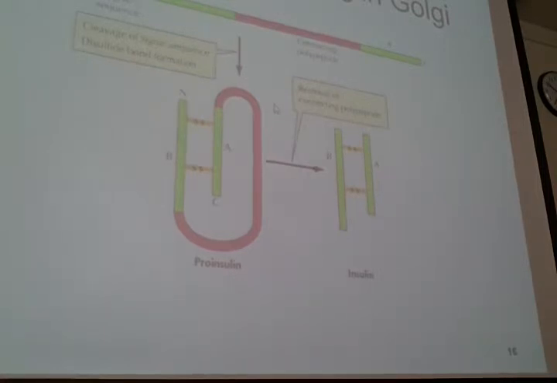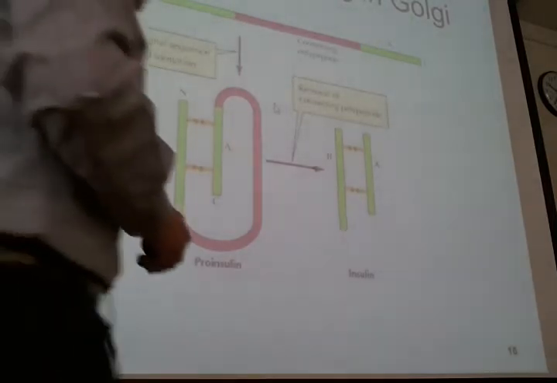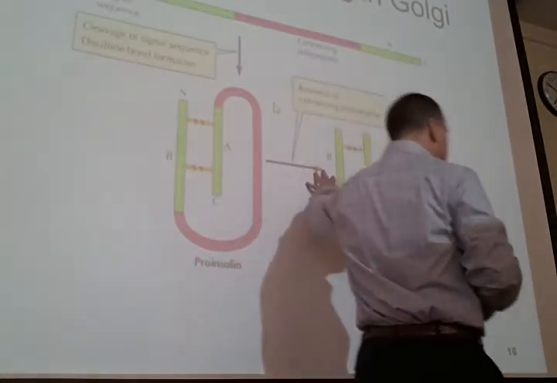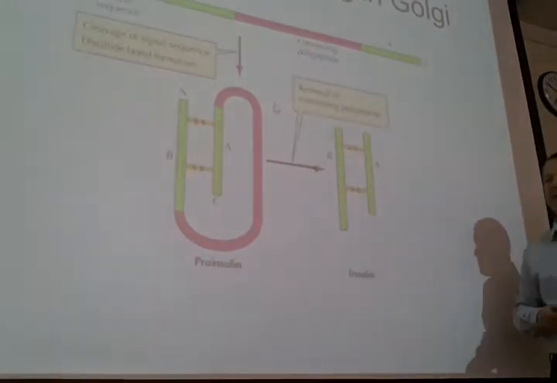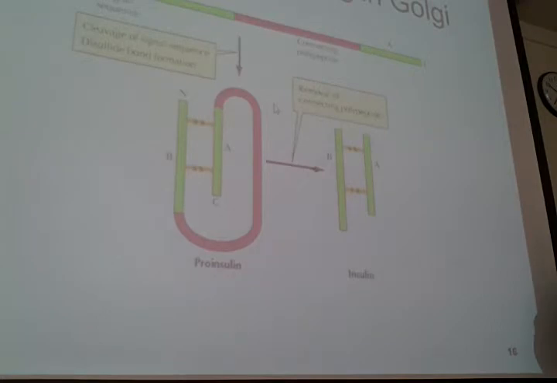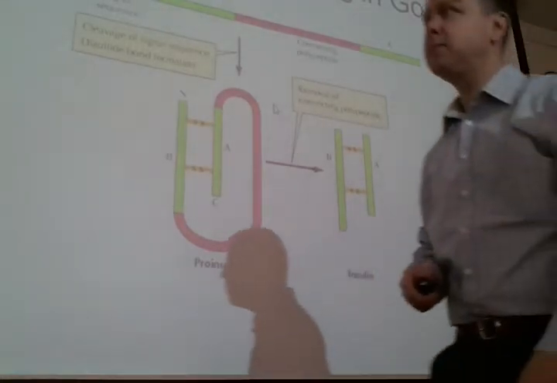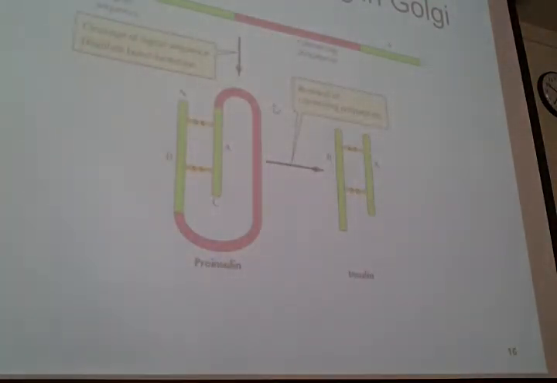Other than the pulling off of the signal sequence, which is very common, further proteolytic processing is relatively rare, but it happens enough that it's one of our four big post-translational modifications in the Golgi.